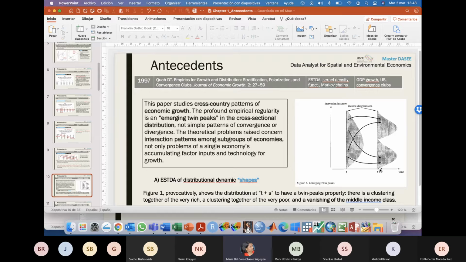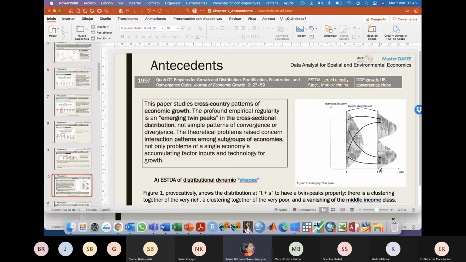So let's see what we see in this slide. This is the first part of the ESDA analysis, which presents shapes of distributional dynamics with the kernel distribution. It is interesting to analyze the kernel distributions at these different moments of time and see if these shapes vary or not. This is the case here, a great variation.